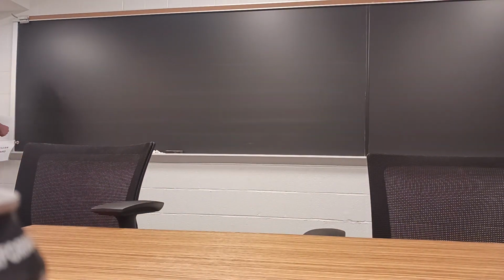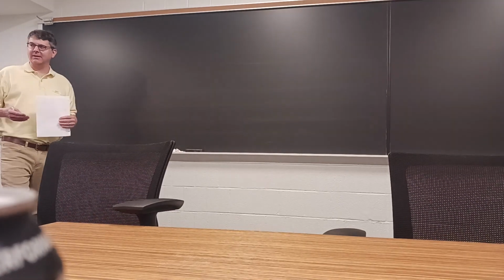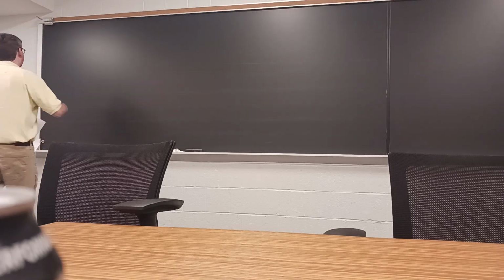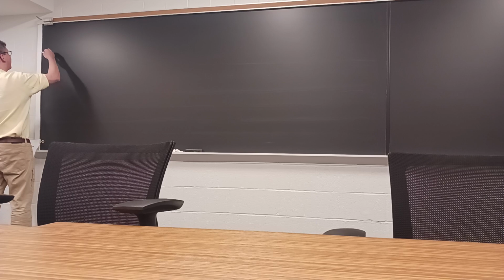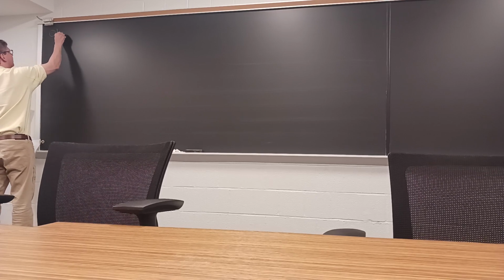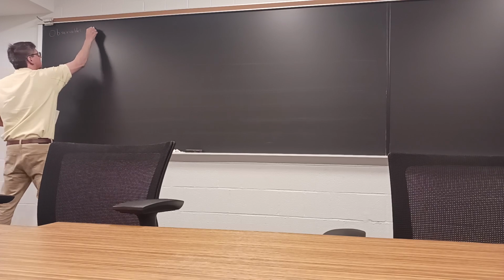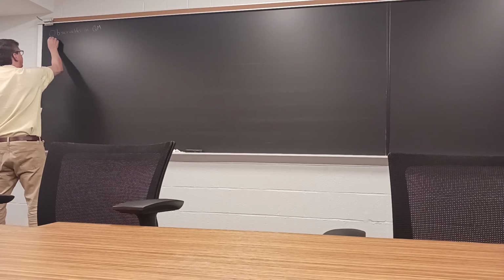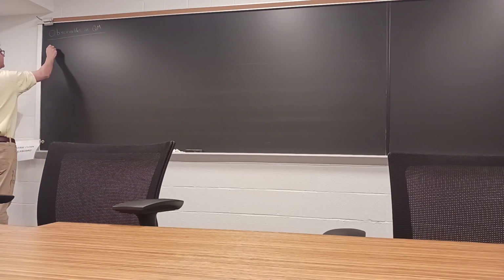So what I want to talk about today is, I want to give you the definition of an observable in quantum mechanics, but let's recall a few facts from our SG experiments.